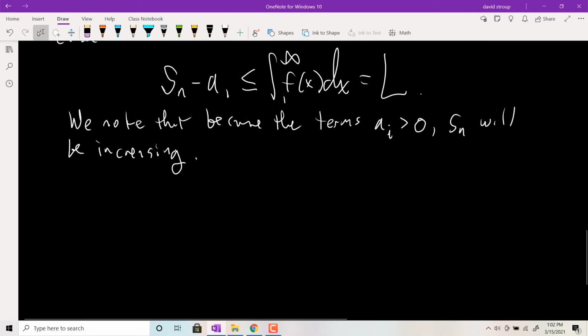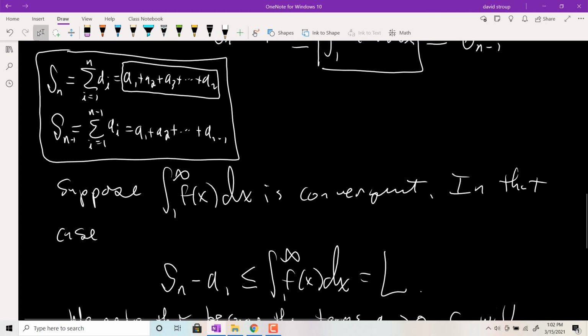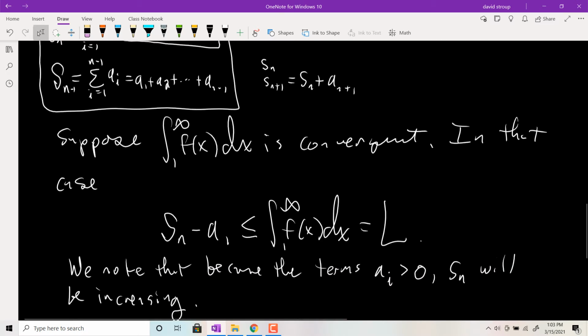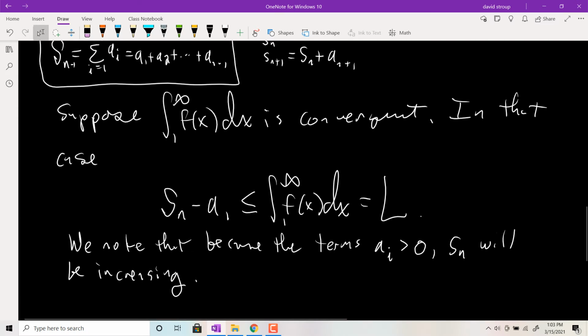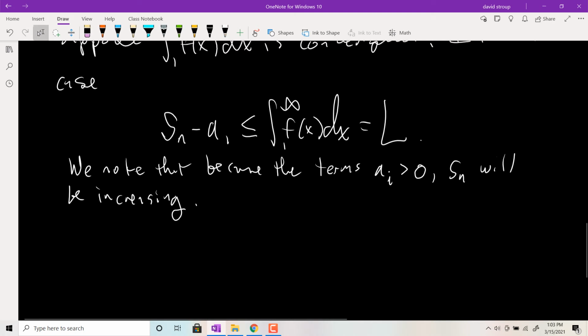So what is S sub n? Well, S sub n is just a sum of a bunch of things. And so if you went from S sub n to S sub n plus 1, S sub n plus 1 is S sub n plus A sub n plus 1. You know A sub n is positive. So what happens is that S sub n is increasing, going from one to the next. If you're adding something positive in, S sub n will be increasing. So that's what I'm saying here. We know because the terms of A sub i are greater than 0, S sub n will be increasing.